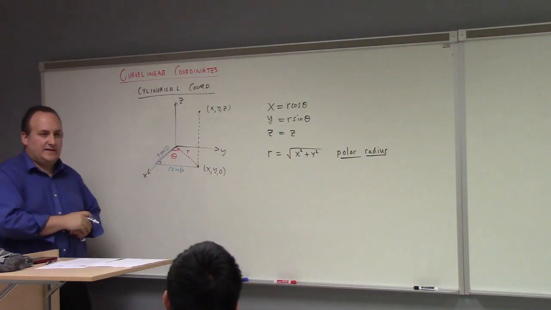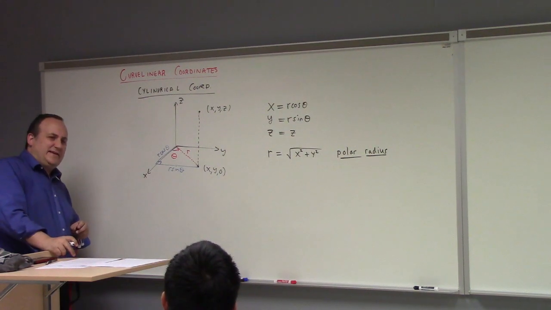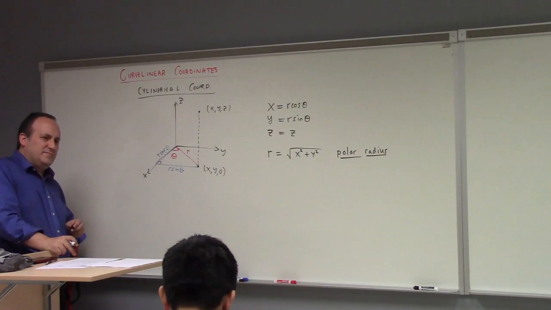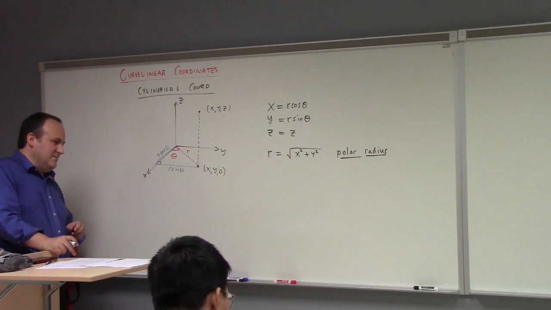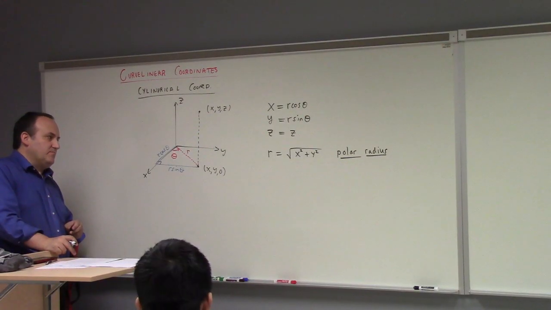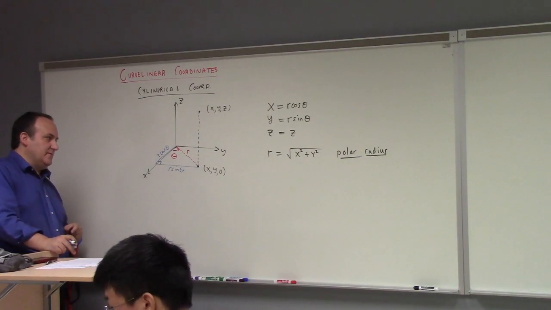We do some stuff in Calc 2 where we graph with negative radius, identifying it with the 180 degree modified angle. I don't do that in here. Polar radius, non-negative, just the positive square root.